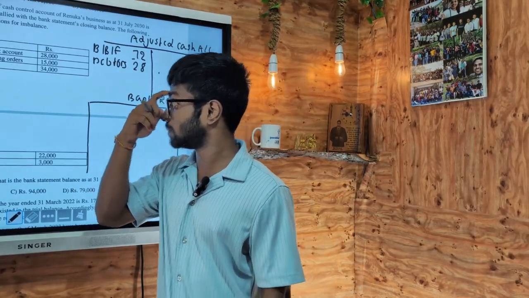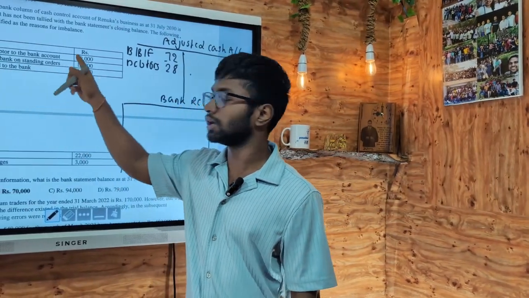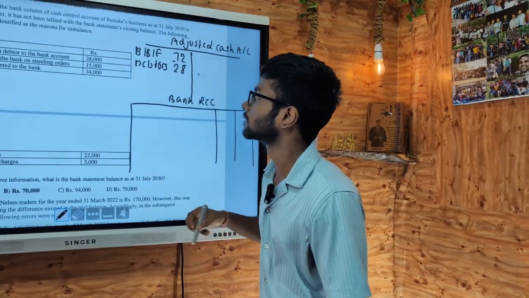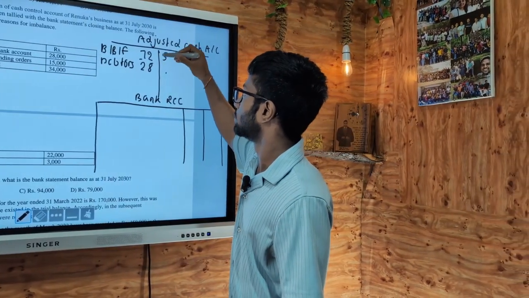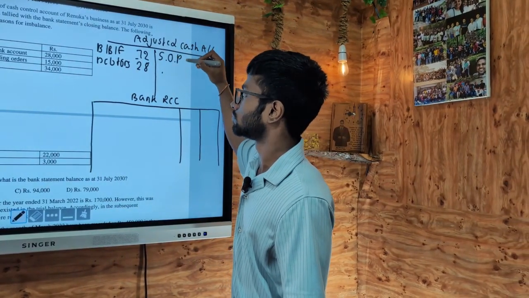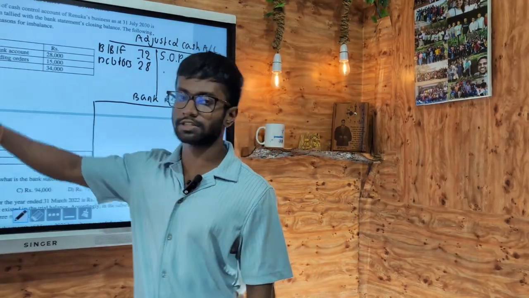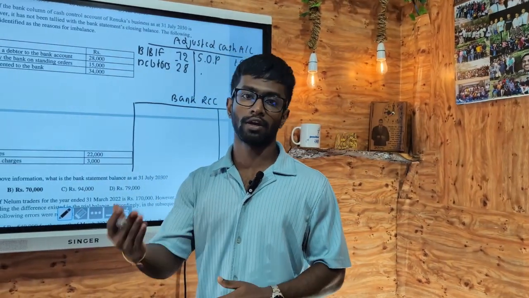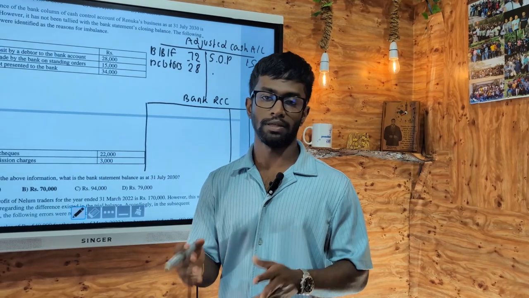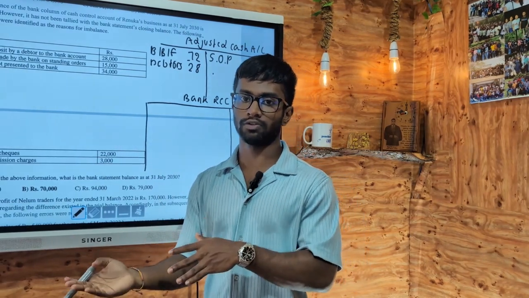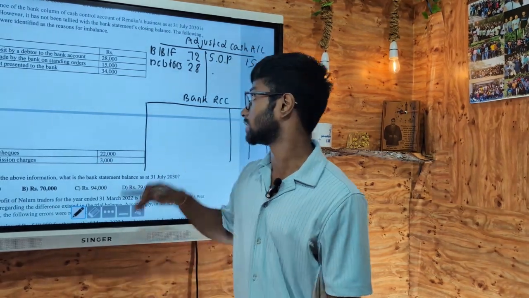And you have made a payment on standing order, which is 15,000. Standing order payment 15,000. Now keep in mind, those are the transactions which have not been recorded in our books of accounts. That means it appears in the bank's books of accounts, not in our books of accounts. So that's why we have to record here.